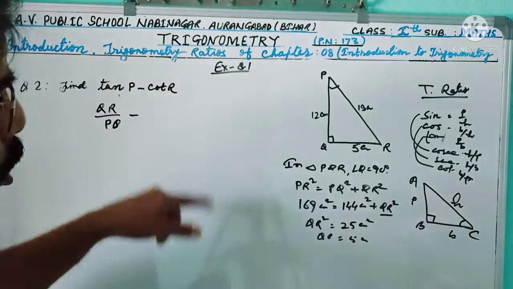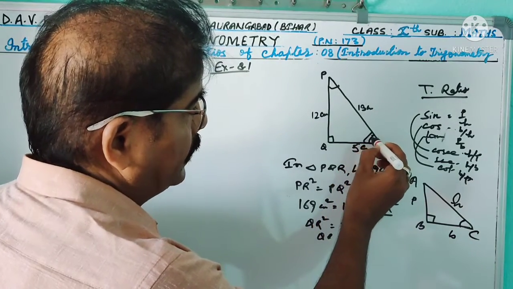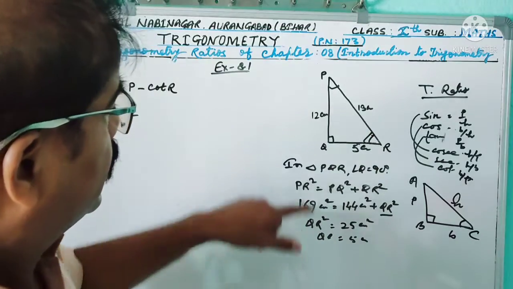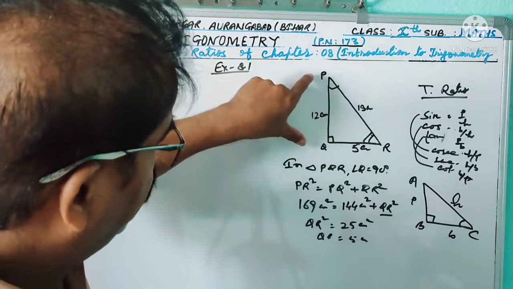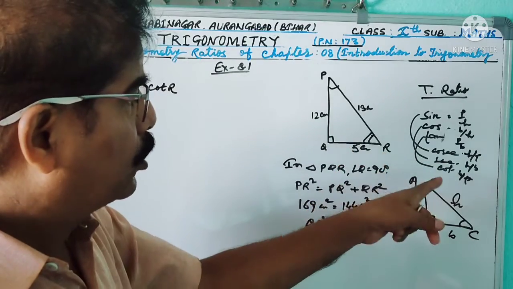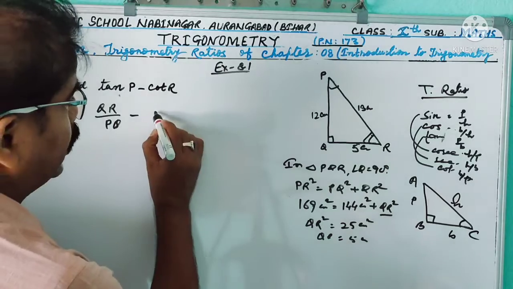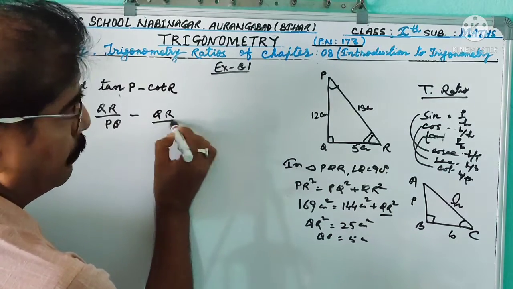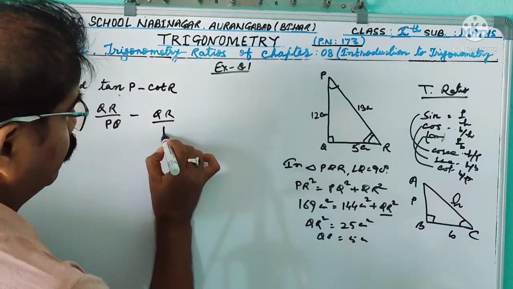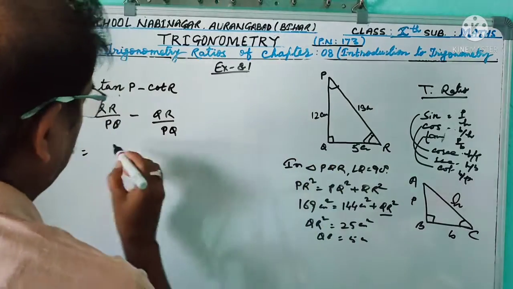Minus cot R, this angle, cot R, that means side opposite to angle R is perpendicular, this is perpendicular and this is base. So cot R equal to base by perpendicular, that means QR minus PQ, and QR equal to 5 centimeter.